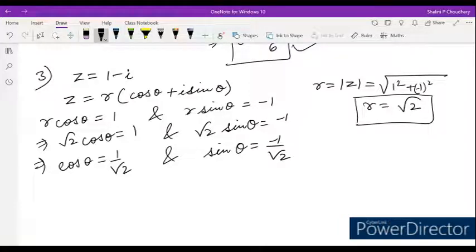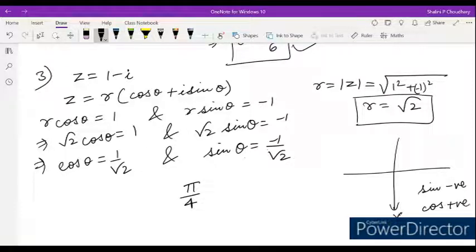Now, 1/√2 means basically the value of theta here will be pi/4. Okay, now in which quadrant is sine negative but cos positive? Sine is negative, this depends on y, so sin will be negative in this quadrant, sin negative and cos positive. So here we are talking about the fourth quadrant.